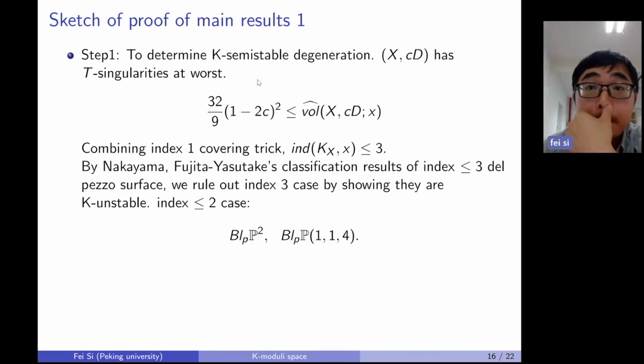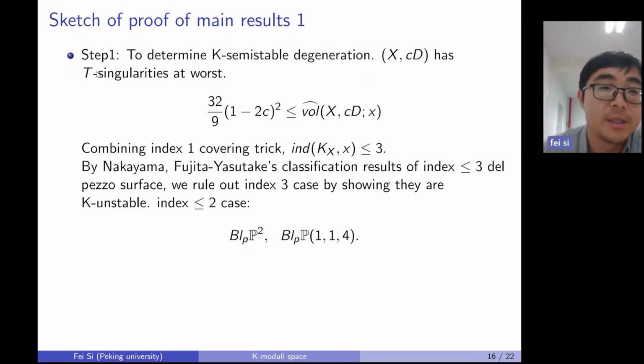So if you let X_d be the degenerations of the del Pezzo surface of degree 8, then it is well known that the central fiber will have so-called T-singularities at worst.